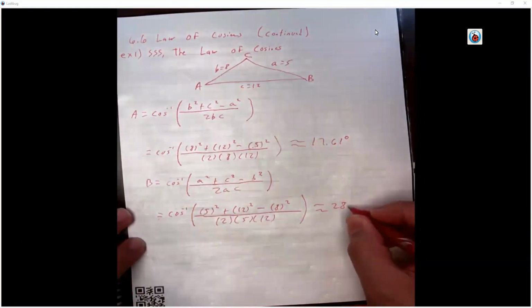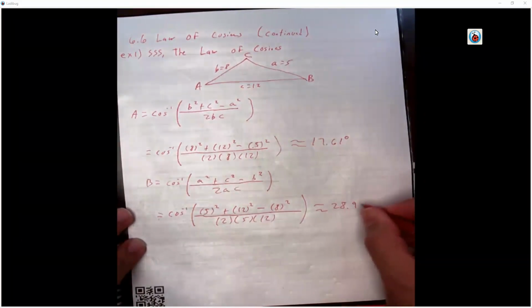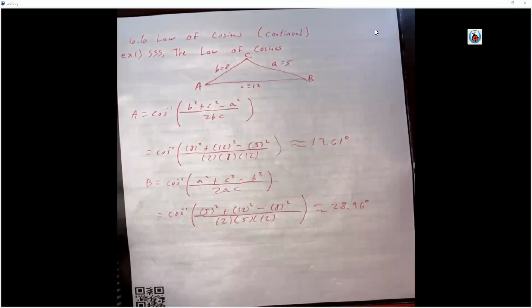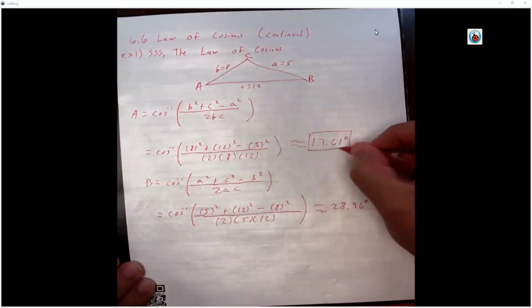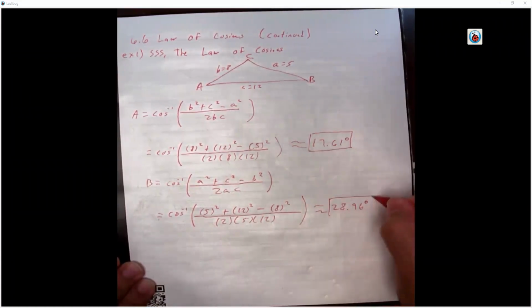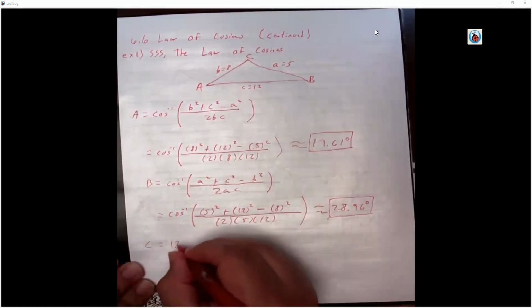So once you have two angles, the last one's easy, right? Capital C. What is angle C at this point? Is it 180 minus 17.61 minus 28.96? Yes.